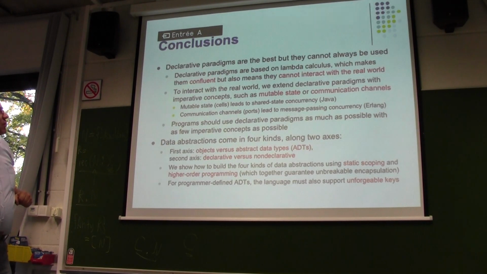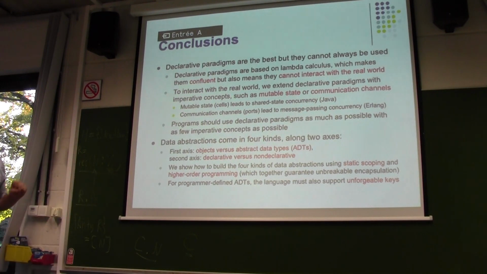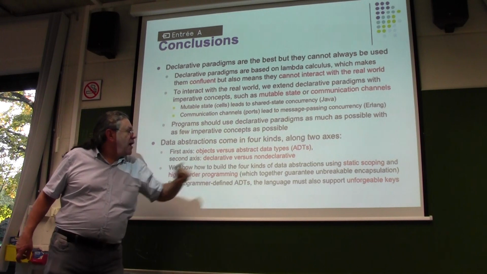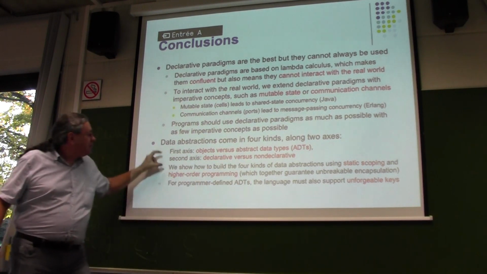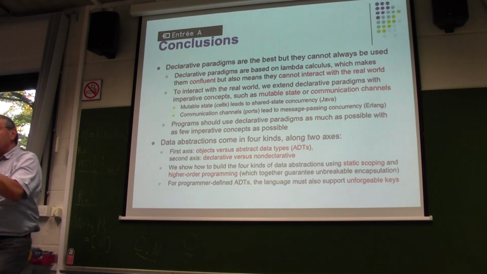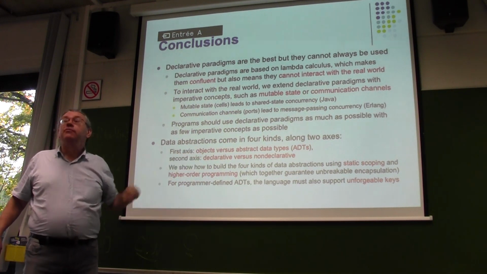Okay, so that gives you the conclusion of the part on data abstraction, objects versus abstract data type, and declarative versus non-declarative. So you actually have 4 kinds. And if you look at the languages you use, they will be using bits and pieces of all of these.